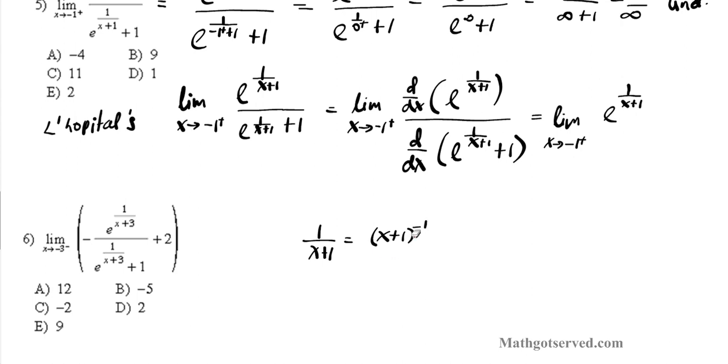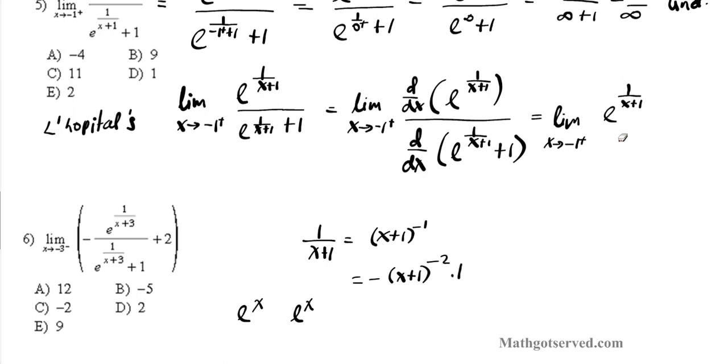If you want to find the derivative of this, you're going to have -(x plus 1) raised to the second power. Using the chain rule, the outer function is e to the x. If you differentiate that, you end up with e to the x times the derivative of the inner function, which is -(x plus 1) raised to the -2 times 1.